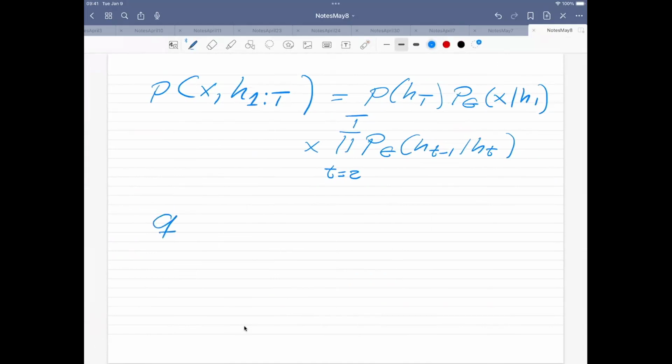So I'm going to define this q, and they can depend on a parameter phi, like we had with a variational autoencoder. In this case, I'm going to have this depend on h1, which is the one we are interested in first. And this is now an h of 1 to t.